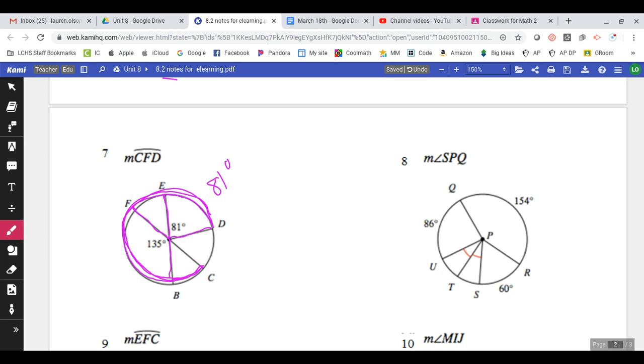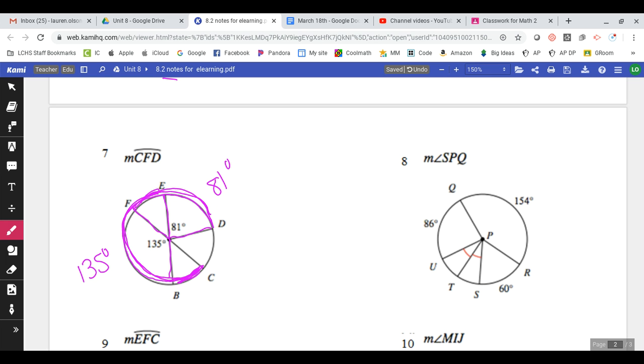I know that this arc is 135 degrees here. And then I have some things I need to figure out, that was pretty messy, I'll try to write that again. I need to add up this piece right here and this piece also. I only have 2 of the 4 that I need to find the measure of arc CFD.